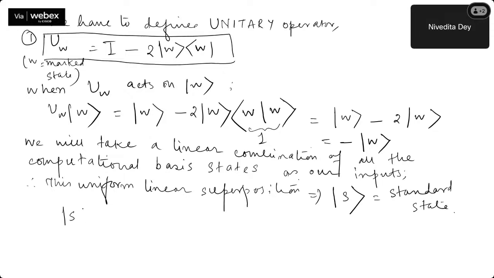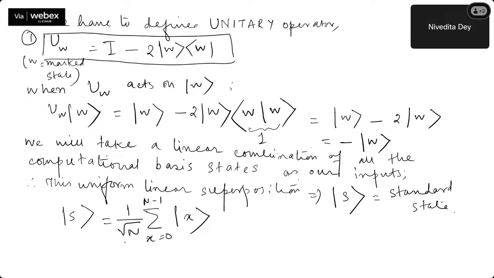So the superposed form is nothing but this: 1 by √n, sum over x equals 0 to n minus 1 of ket x. And x is the collection of all states in the computational basis. You know now what is the meaning of x and what I mean by 1 by √n.